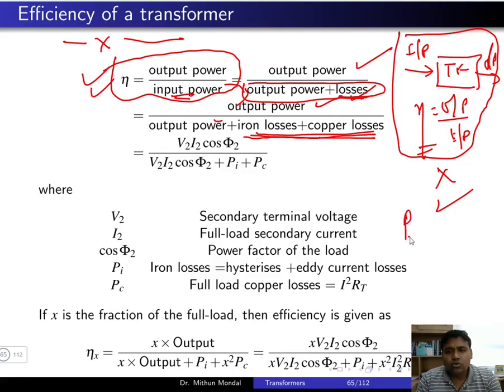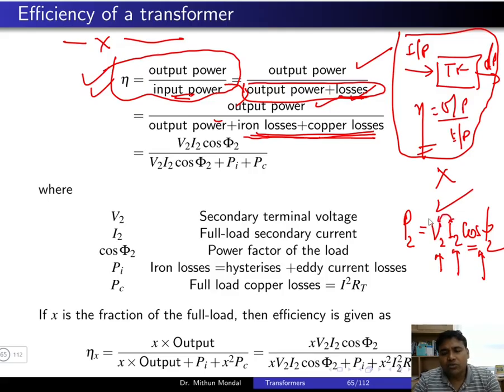So power 2, that is the output power, is basically the voltage 2 multiplied by current 2 into cos theta 2. So the secondary voltage multiplied with the secondary current and the power factor cos theta 2, that is the angle difference between this voltage and the current, will give you the power in the secondary circuit. So basically the output power will be V2I2 cos theta 2.